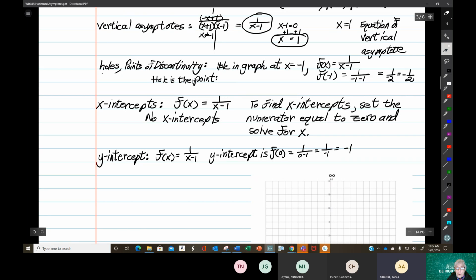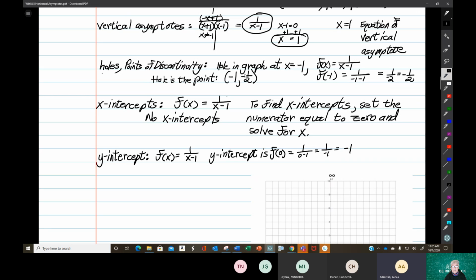Okay, my point of discontinuity is going to be located at x equals -1, and when x is -1, y is -1/2. This is my point of discontinuity right there.